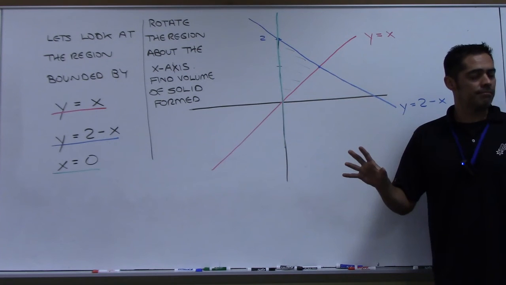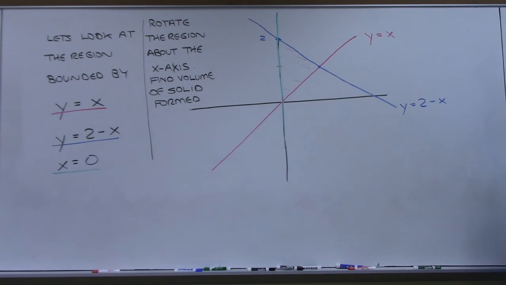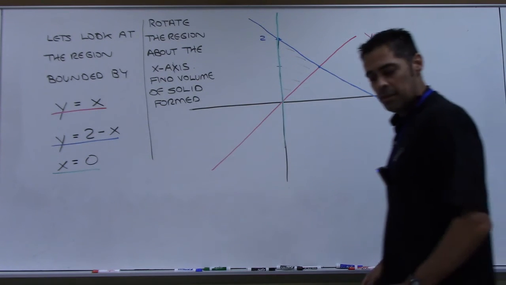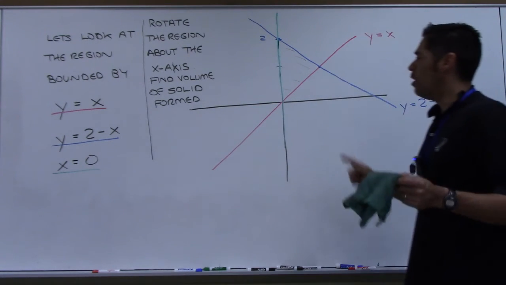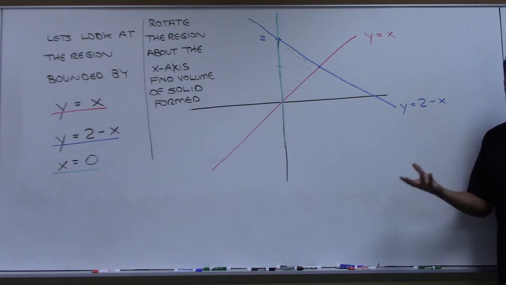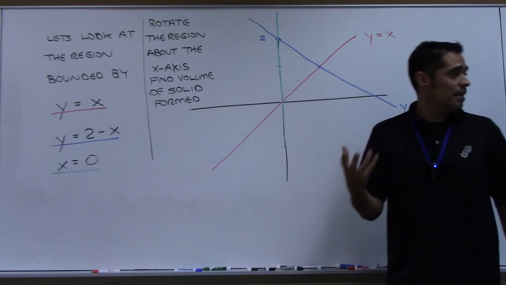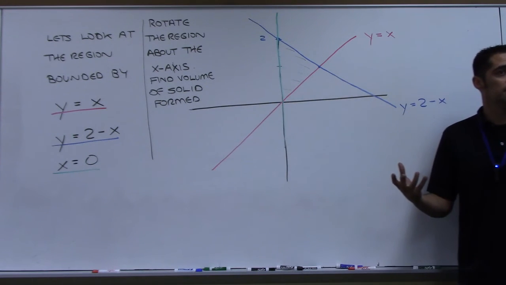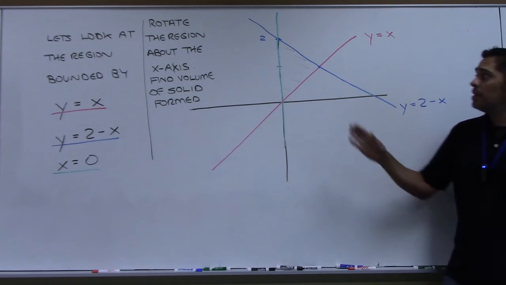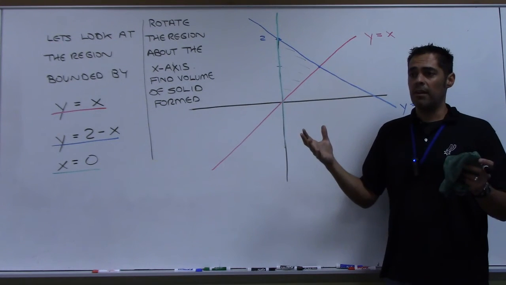Understand? OK. So the way we're actually going to construct it and determine the volume is to understand again what the integral meant, right? The integral symbol was a way for us to add up an infinite number of things. What we've been doing is adding up an infinite number of rectangles, the areas, to get a total area, right?